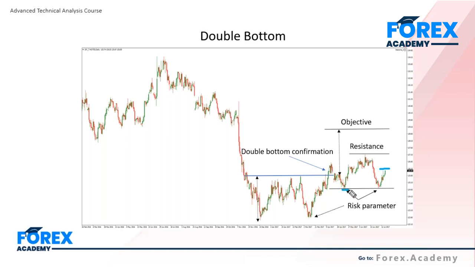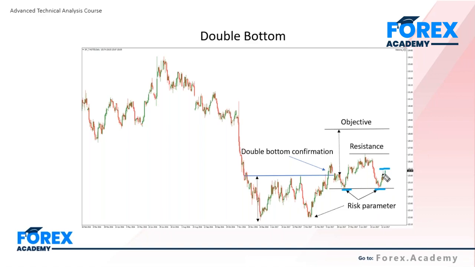We are able to identify our resistance, our key risk parameter, and therefore we can start to perhaps more effectively identify trading opportunities with the first objective in mind being this level up here, which is simply being calculated off the lowest point of the double bottom to the midpoint and then projected higher.